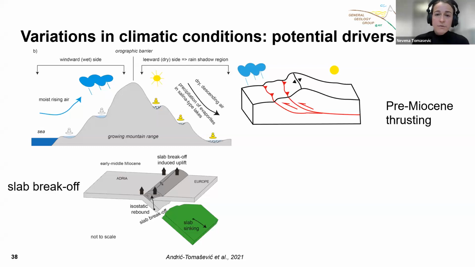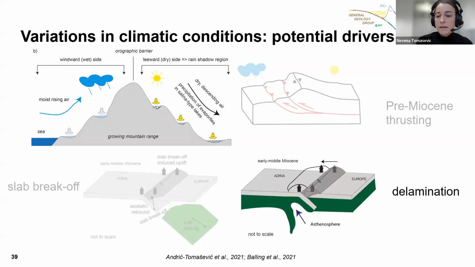In this process, we would expect that the isostatic rebound, which is associated with breaking off the slab, might significantly contribute to the topographic growth. And finally, recent work of Philip Alling suggests that delamination of the mantle in the Dinarides might be responsible for a topographic uplift that he sees based on marine terraces in the external Dinarides.